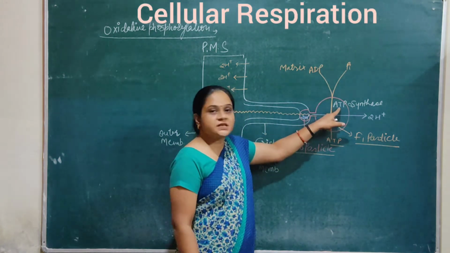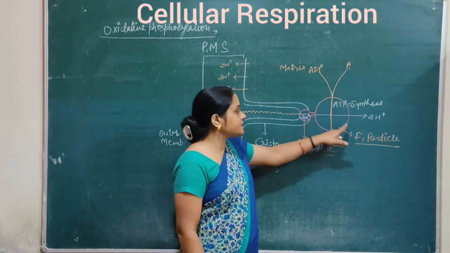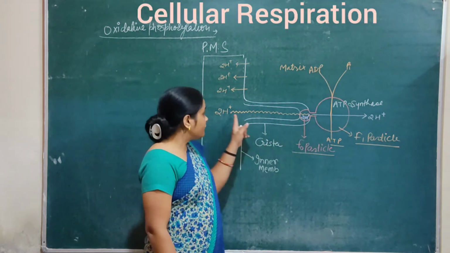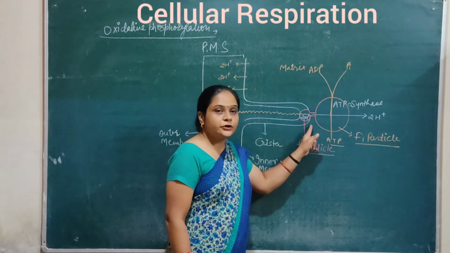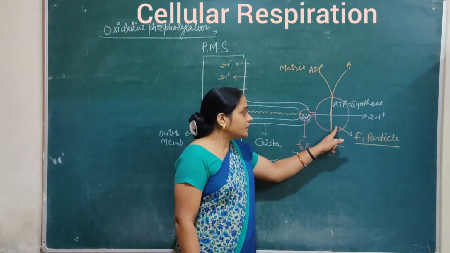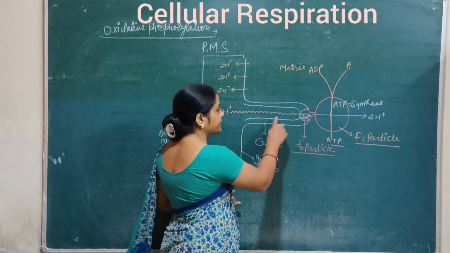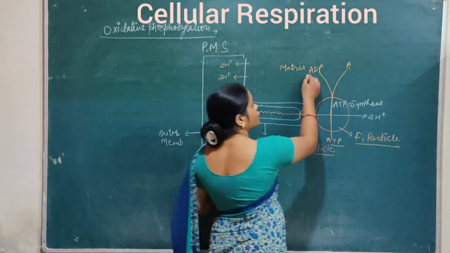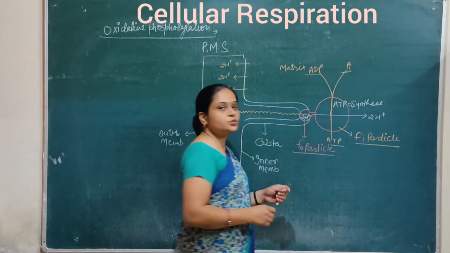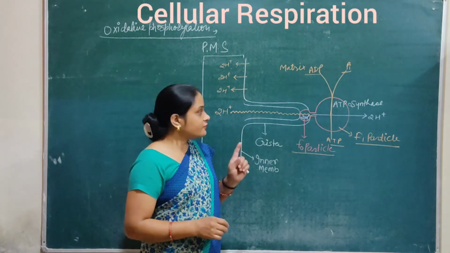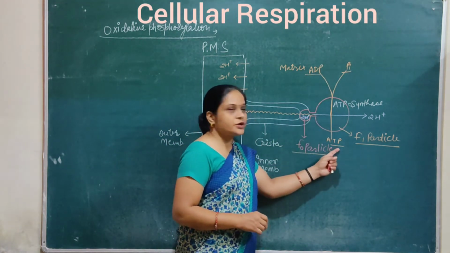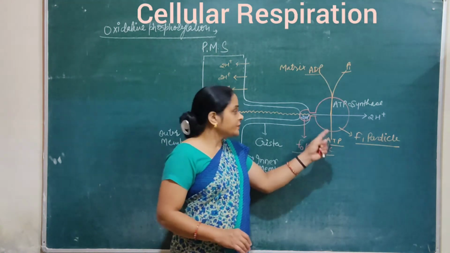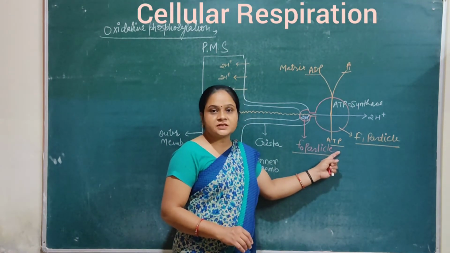With the help of this ATP synthase enzyme present in F1 particle, these two H positive with a higher energy are transferred from F0 particle to the F1 particle. Then the energy carried by these two H positive is utilized to form the bond between ADP and inorganic phosphate and helps in the production of a high energy compound that is named as ATP. This is how this ATP molecule is produced.